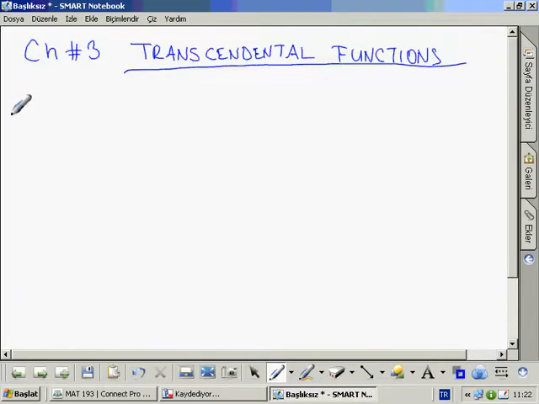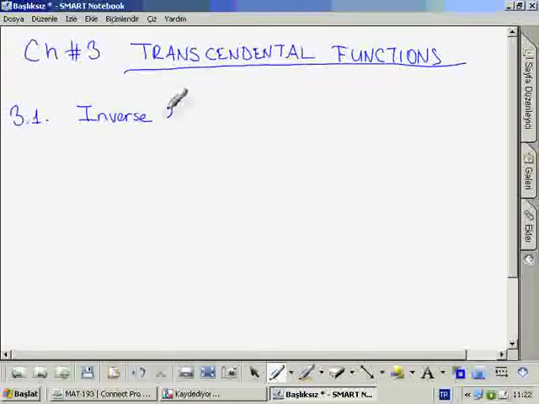And firstly, 3.1, which is the inverse functions.